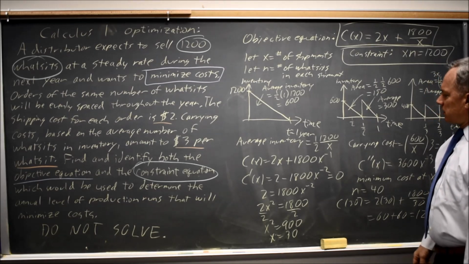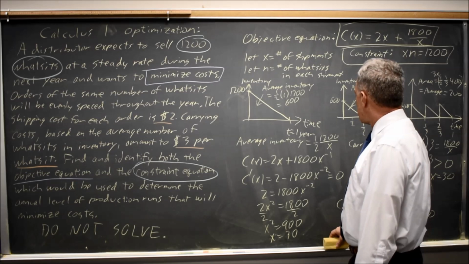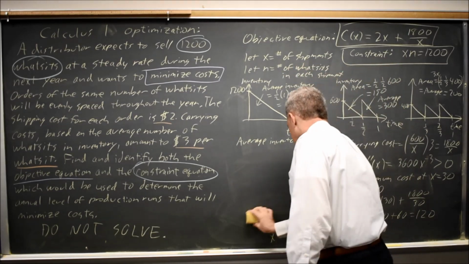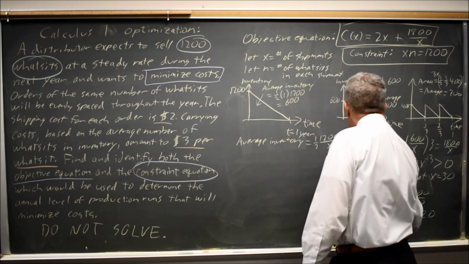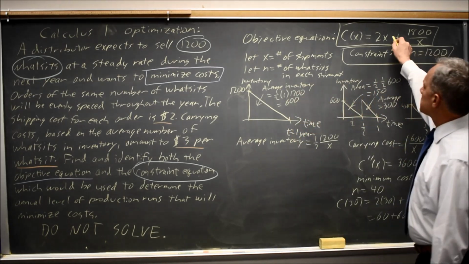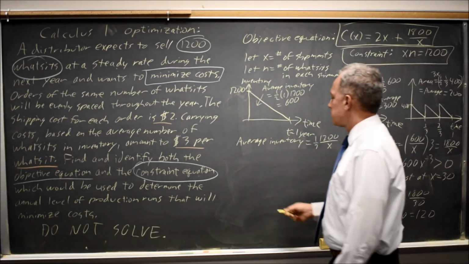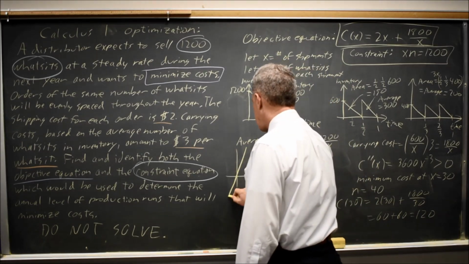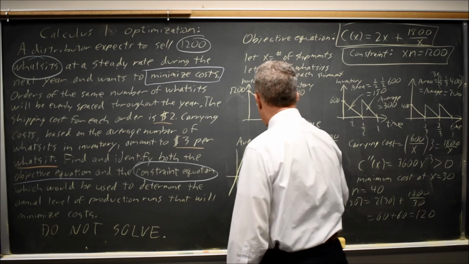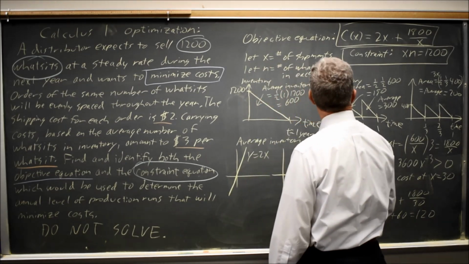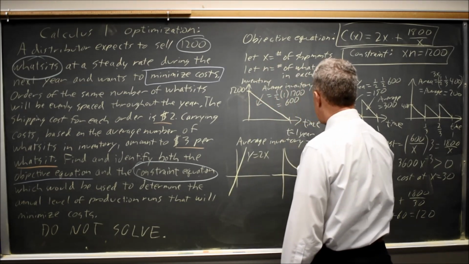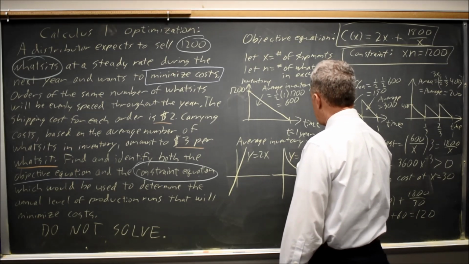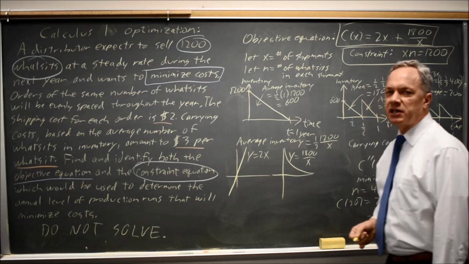One other thing we can do with this is sketch it. You should more or less be able to sketch this from your knowledge of functions. We know that y equals 2x looks something like this. And we know that y equals 1 over x looks like this, so y equals 1800 over x looks the same other than questions of scale.